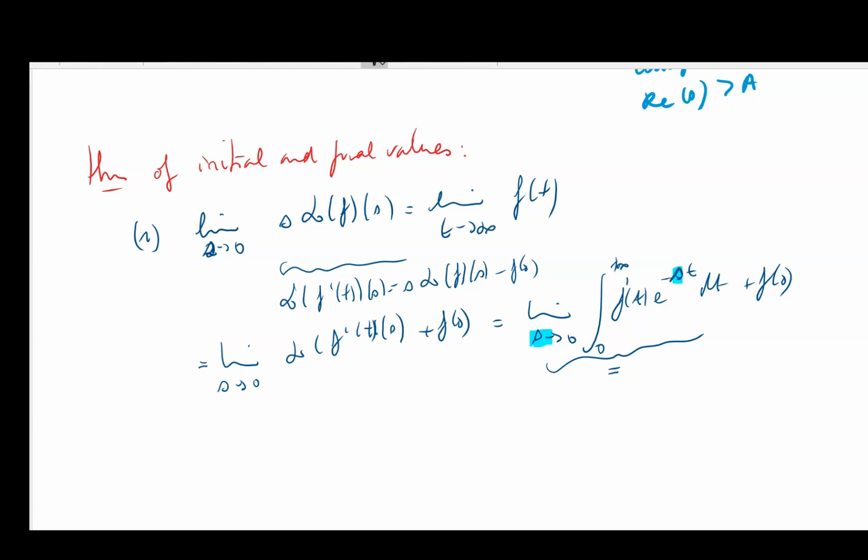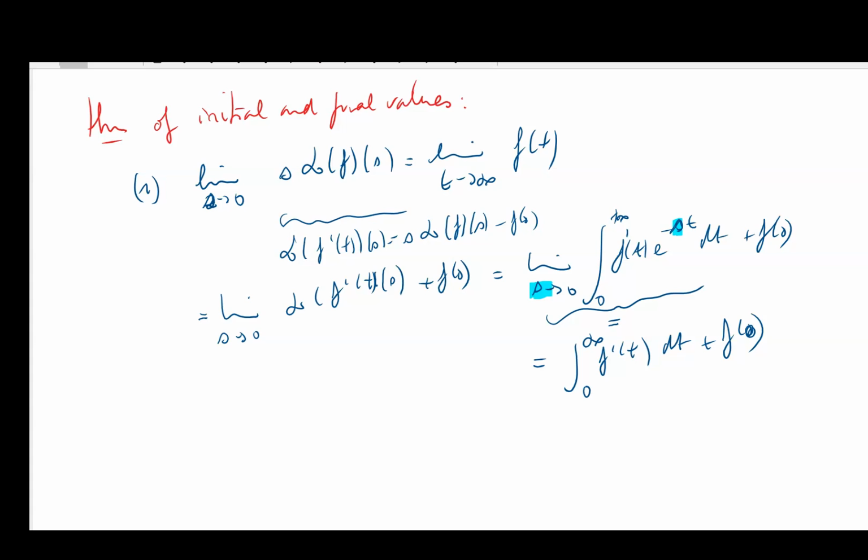Okay. When s tends to 0, I can exchange the integral and the limit. That's just giving me the integral between 0 and plus infinity of f prime of t dt plus f of 0, because the exponential of 0 is just 1.